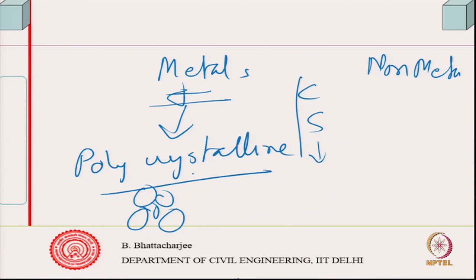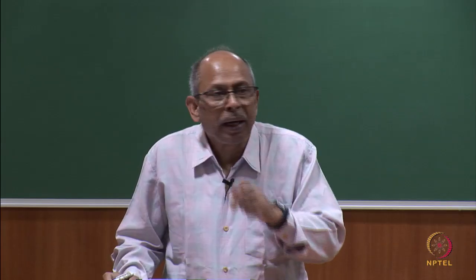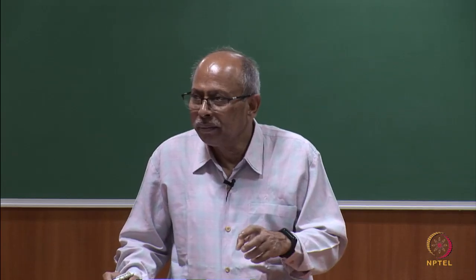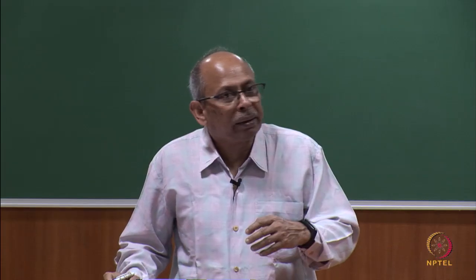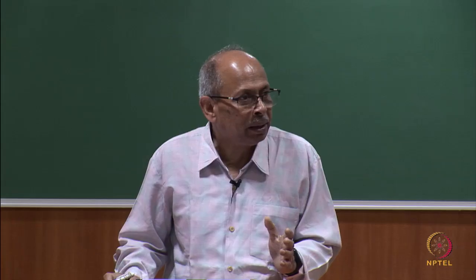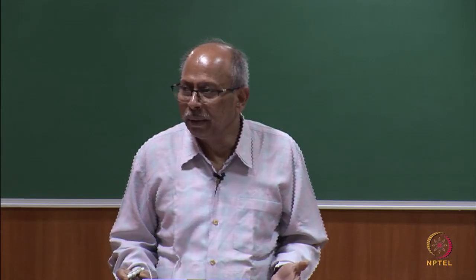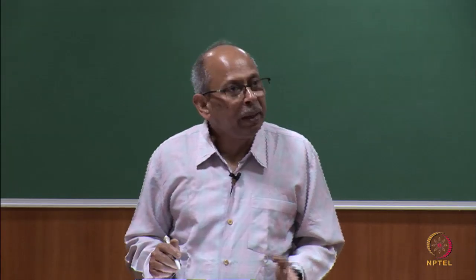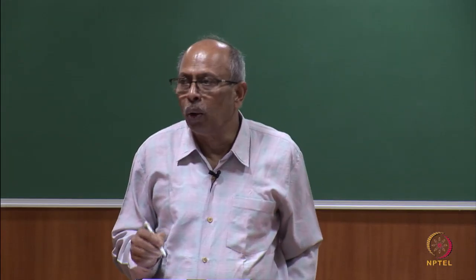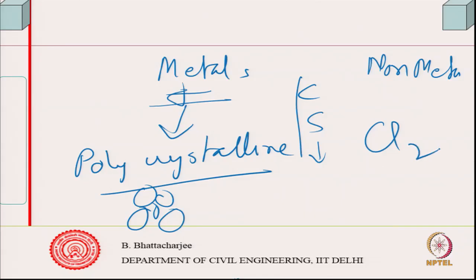So, in metals the nuclei, which are assumed to be spherical, are packed and the outer electrons are relatively loosely connected to the system. As soon as you give some energy, electrical potential, these electrons can move, that is why they are good conductors. On the other hand, non-metals form covalent bonds, for example, Cl2, O2.